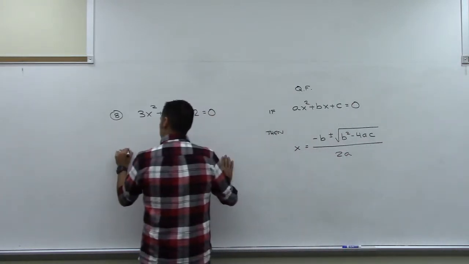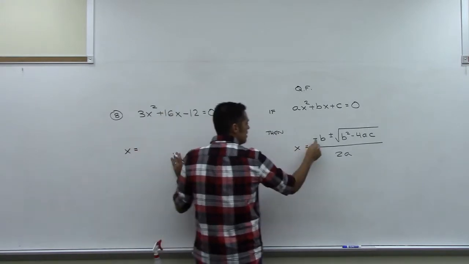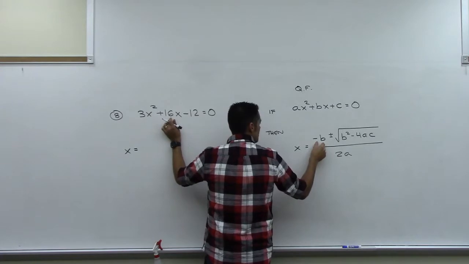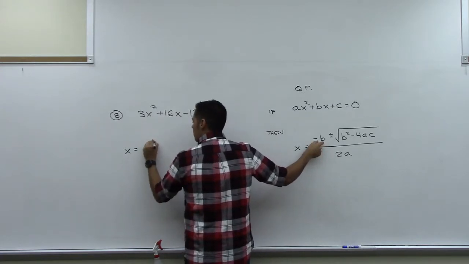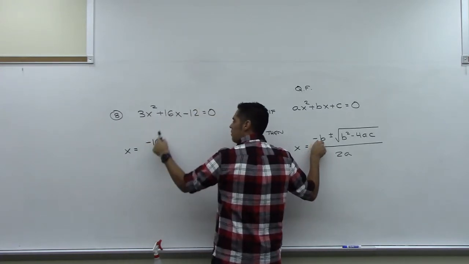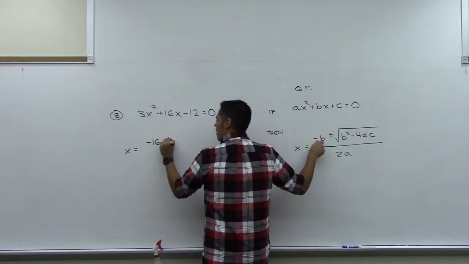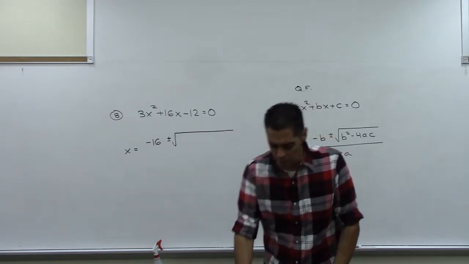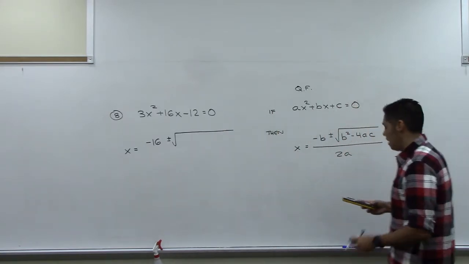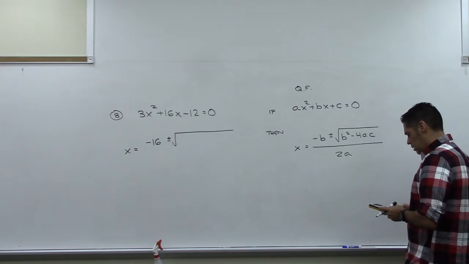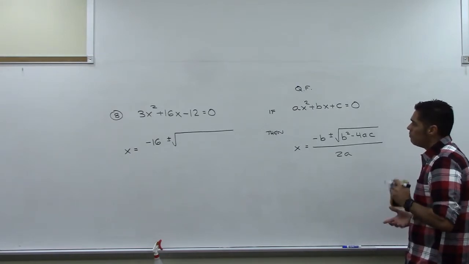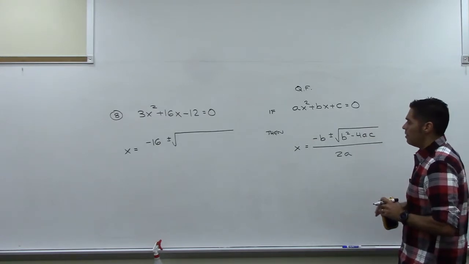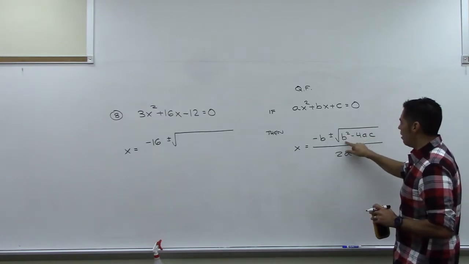So we have x is equal to, negative b means the opposite of b. For us, b is positive 16, so we're going to take the opposite of that. It's going to be negative 16. Had this been negative 16, that would be positive 16. All right, plus or minus now. This is where you are probably going to need a calculator at some point, especially for these parts in here. B squared is the next thing.